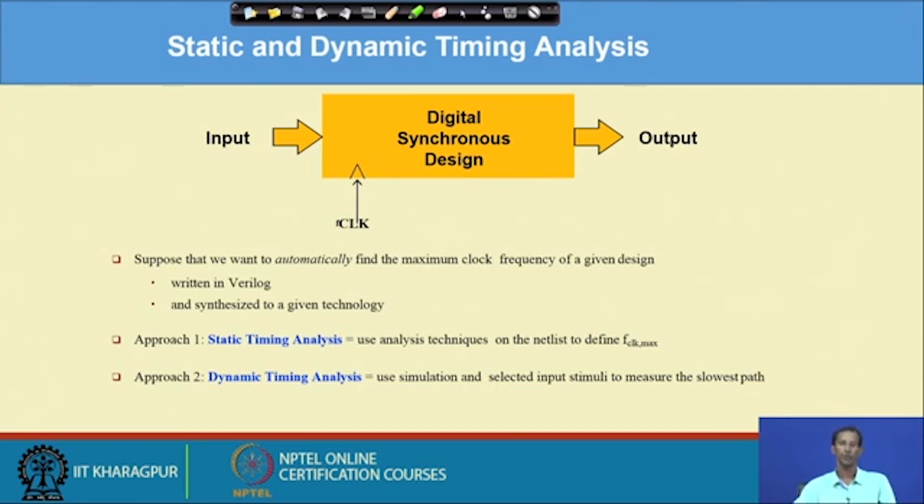A synchronous circuit means in the system there is one single clock. All the sequential elements present in that design are clocked by the same clock, so depending on the same clock, they change their state. In case of asynchronous, you might find more than one clock.